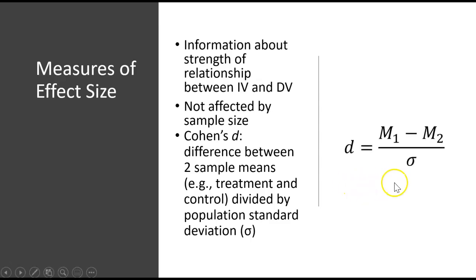The formula, and I'm a visual kind of person for whatever reason, even though I'm not gifted in math. When I see the formula, you have the mean for the first group, the mean for the second group, you're dividing it by your estimate of the population standard deviation, and that gets you an estimate of the strength of the relationship, and you're really factoring out the sample size to give you that value.